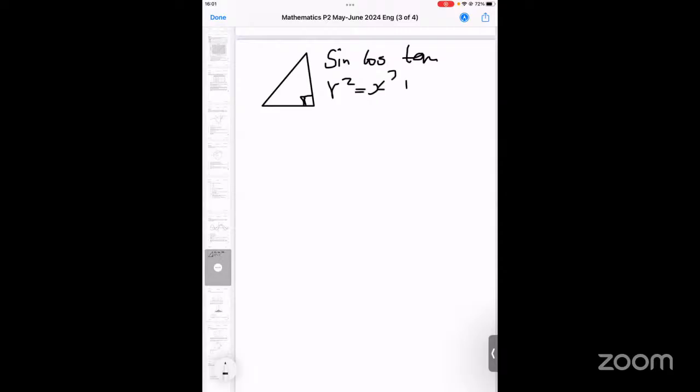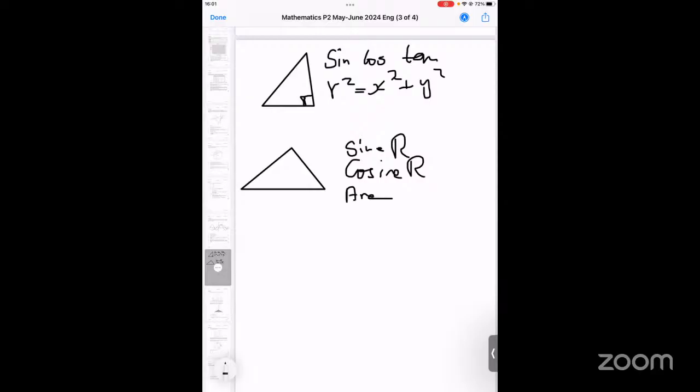These are the tools that you use in solving a right angle triangle. But any other triangle, which is not a right angle triangle, that's when you use the sine rule, the cosine rule. Then if it is the area that they want you to calculate, then we also have the area rule.